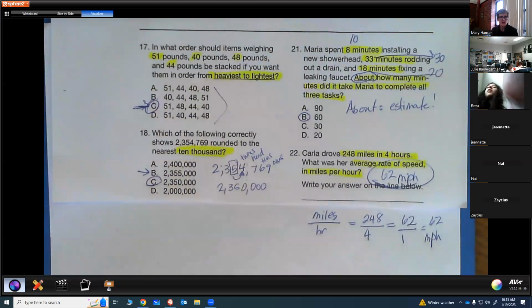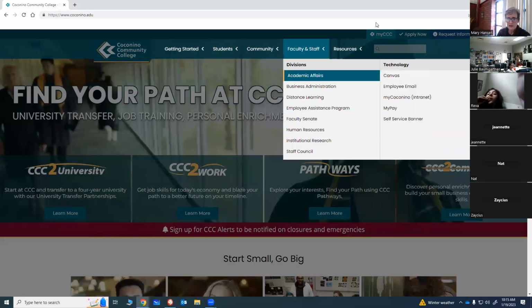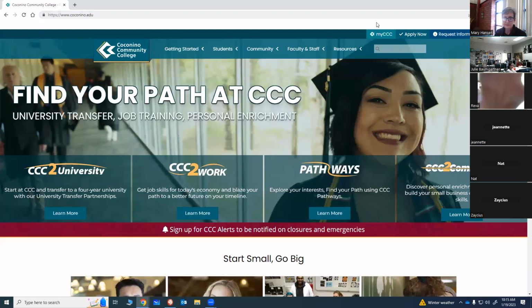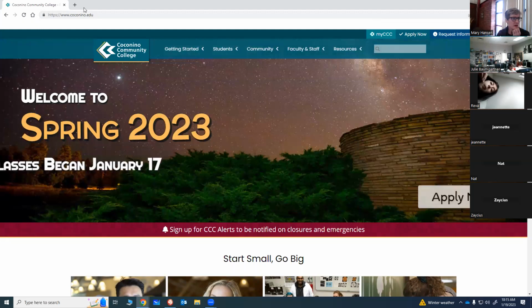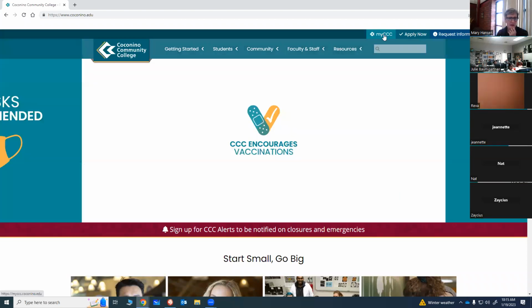Okay, so I want to take just a minute to take a look at what signing into Canvas looks like. Can you guys see that on your screen? Yeah. Okay, so if you go to coconino.edu, right up here in the upper right-hand side, it says My CCC. And so you click there.